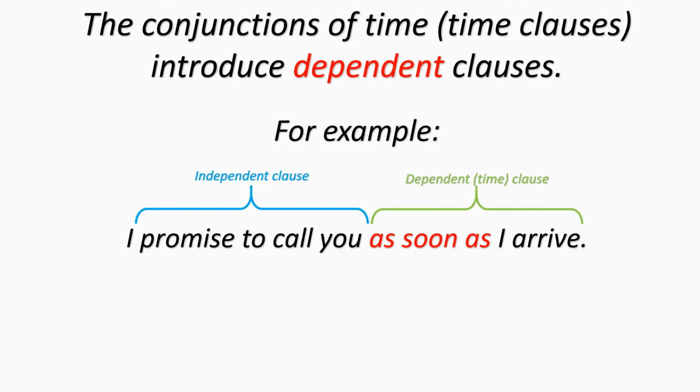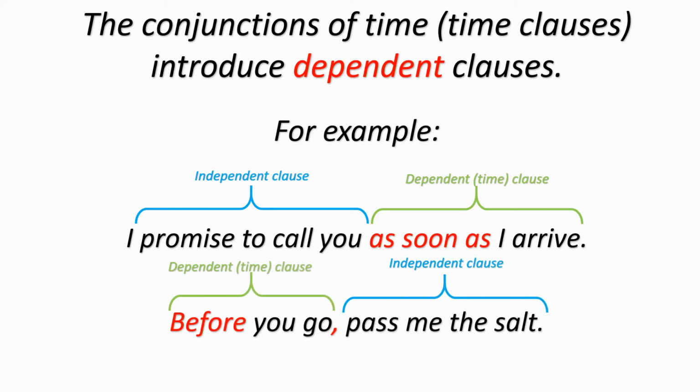Just to understand this more, if I say as soon as I arrive, can you tell me what's happening after this? If you think, you will understand that there is nothing written after this. So we can't complete the meaning of this sentence unless we read the independent clause.